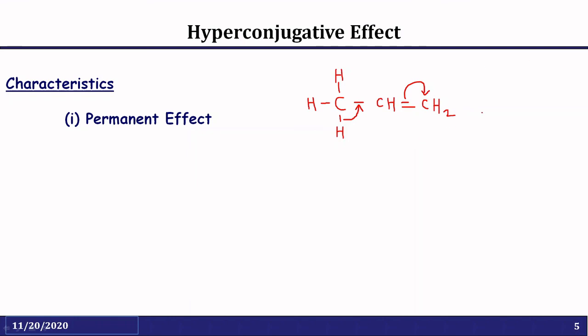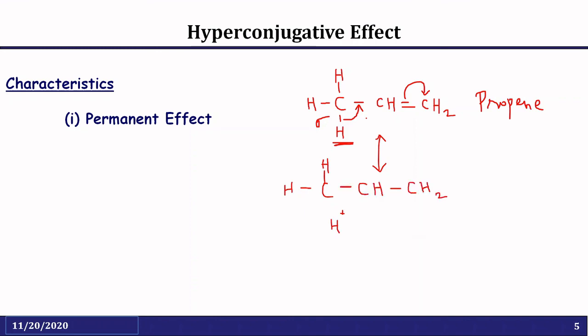For example, in the case of propylene, the double bond is not conjugated actually, but it is attached to a carbon which is attached to a CH3 group, and this C-H sigma bond is involved in resonance. This sigma bond is moved to this position and that displaces the pi bond like this. Due to this, we can get many resonating structures.